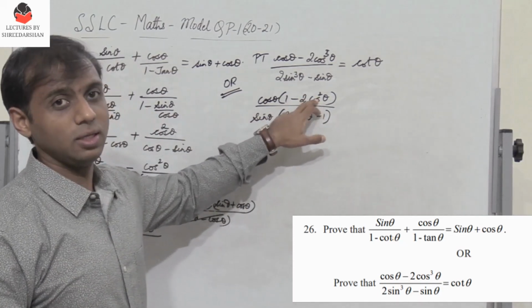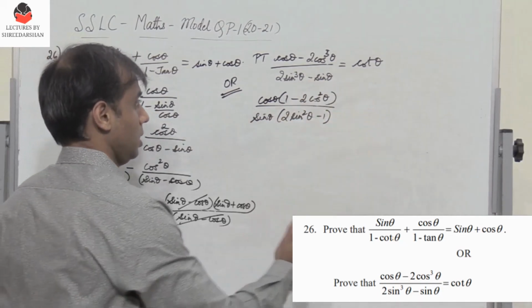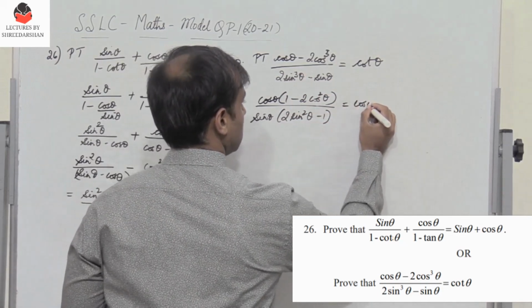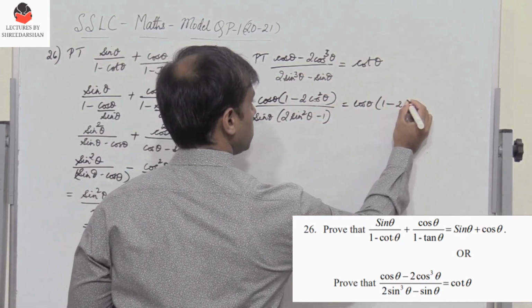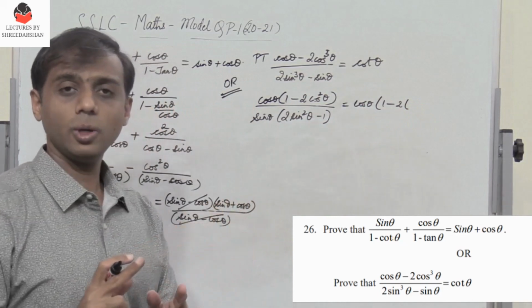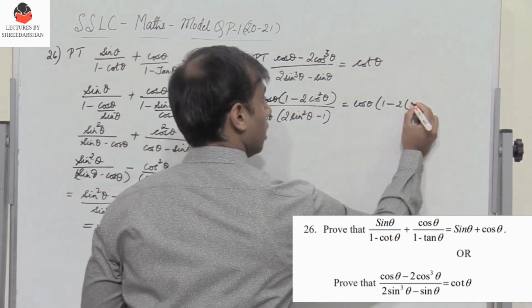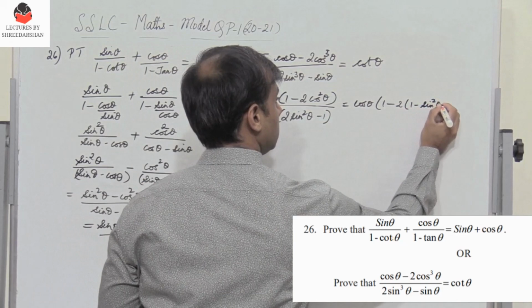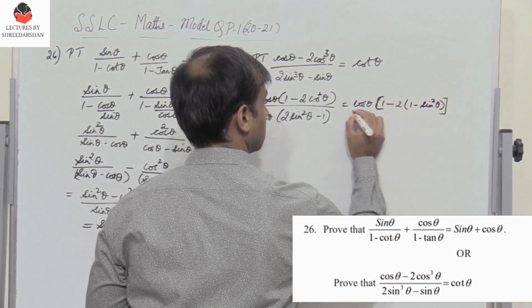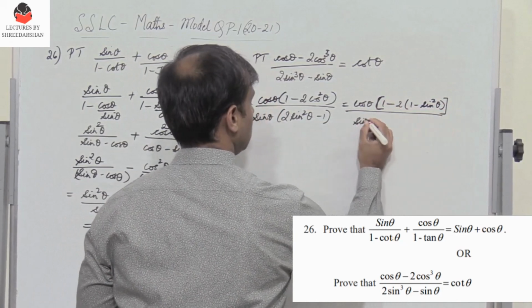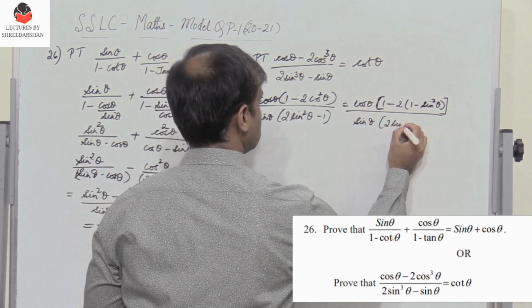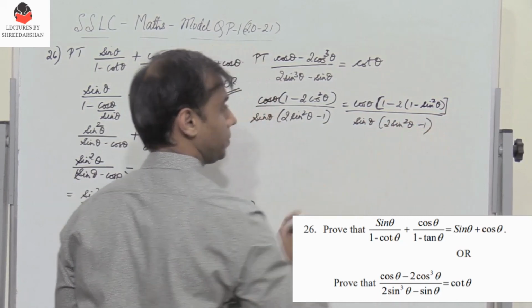We know that cos square theta is 1 minus sine square theta, right? So I have cos theta into 1 minus 2 into, what is cos square theta? It is 1 minus sine square theta, divided by sine theta into 2 sine square theta minus 1.